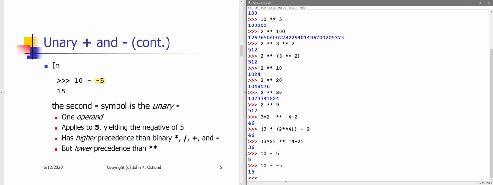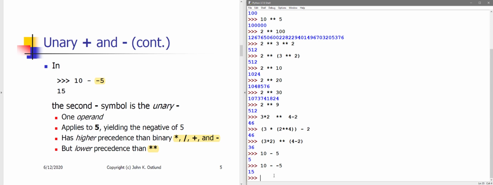Okay? The unary minus sign has a higher precedence than multiplication, division, addition, and subtraction. It does have lower precedence than exponentiation, which is a little bit strange. By the way, you can also use a unary plus symbol.